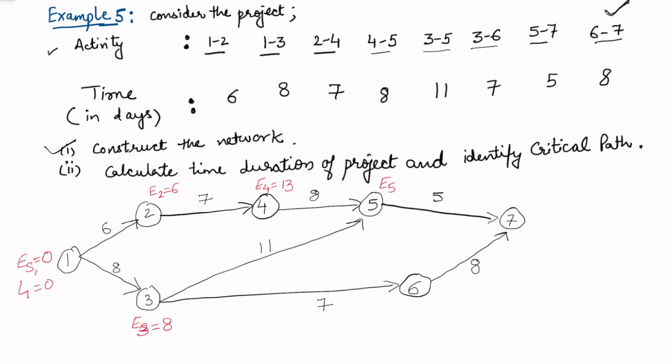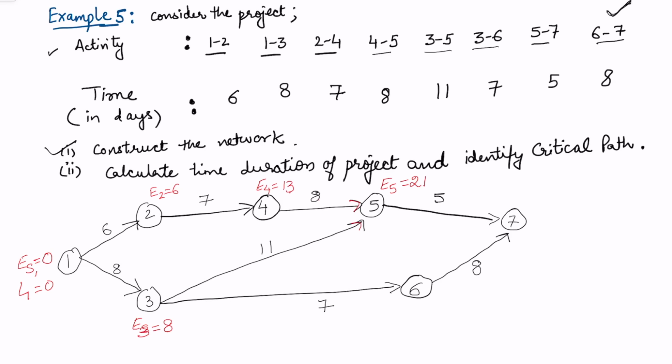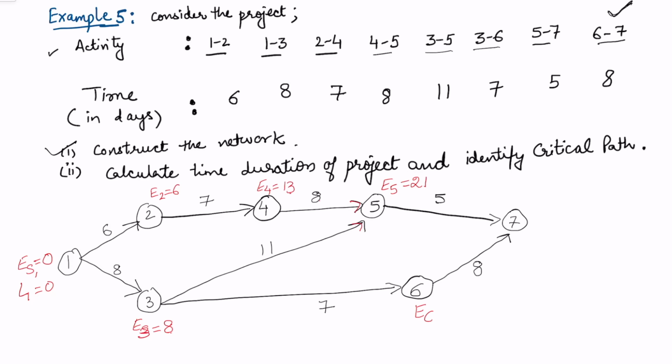To calculate this, because there are two arrows finishing, I'm going to add 13 plus 8, 21, and 8 plus 11, 19. So I'm going to write 21. Then I have 8 plus 7, so this is 15. So earliest of the sixth node is 15, and then 21 plus 5, this is 26. And 15 plus 8, 23. So this means earliest of the last node is 26 days.